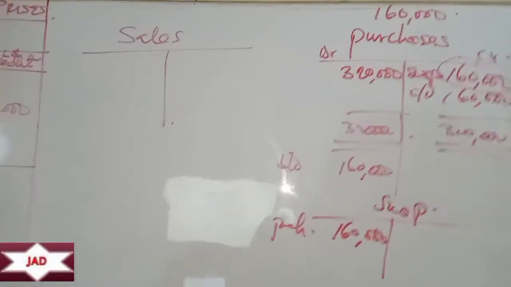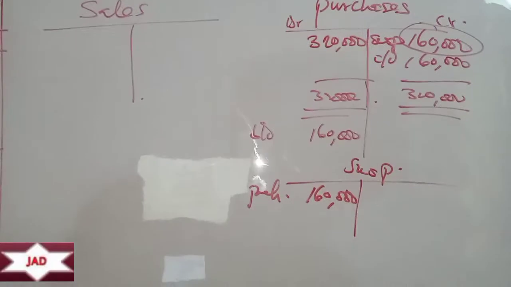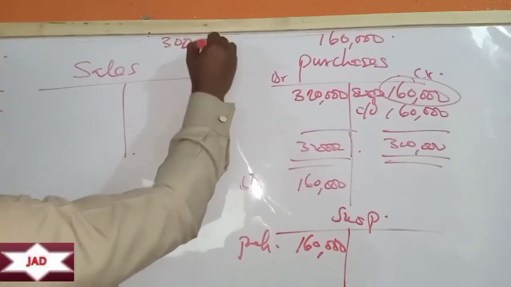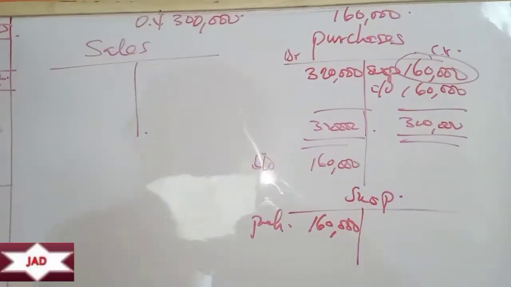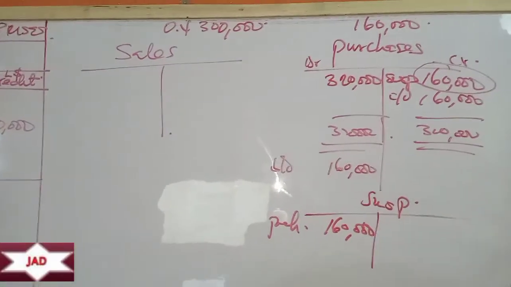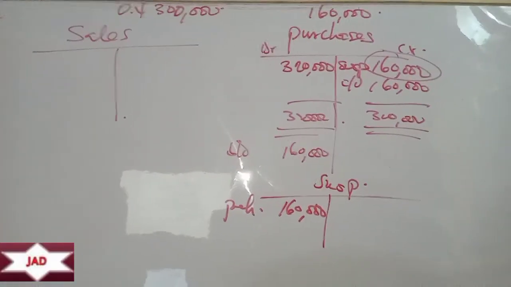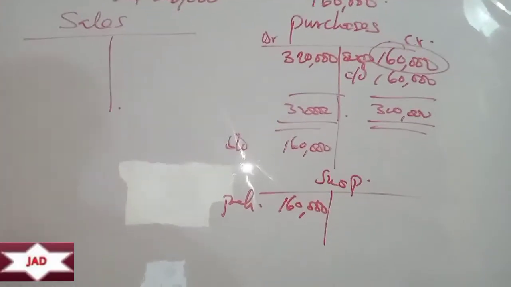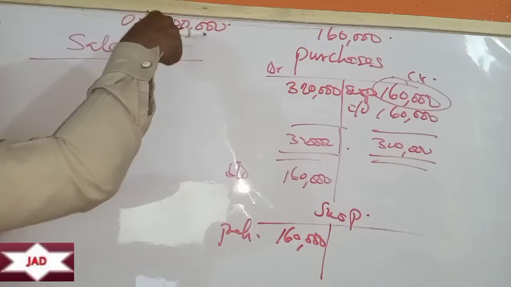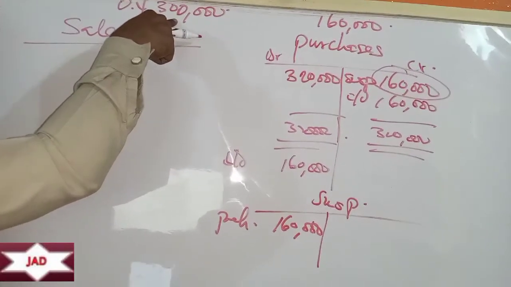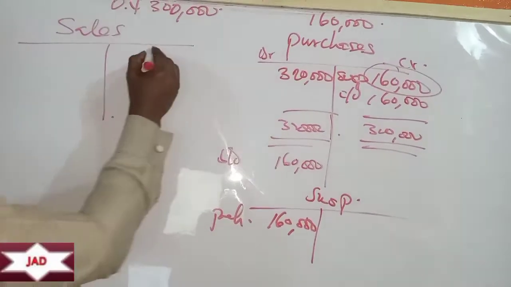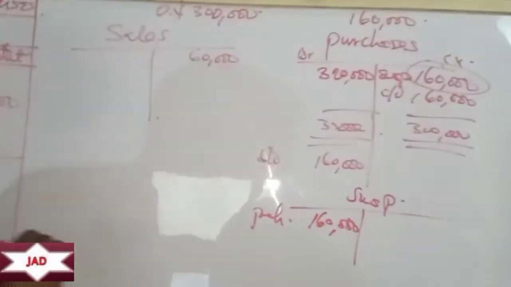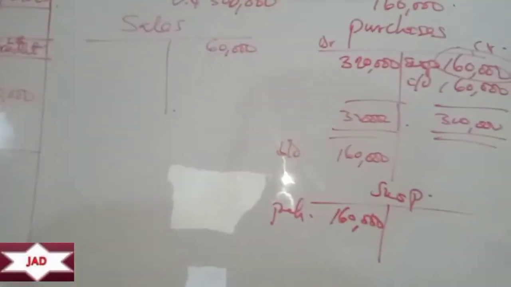So what is the original value? We don't know the original value, so let's assume the original value is 300,000. Now they are saying that it has been undercast by 240. That means they have reduced the 300,000 by 240. So that means they've entered 60,000 Liberian dollars.